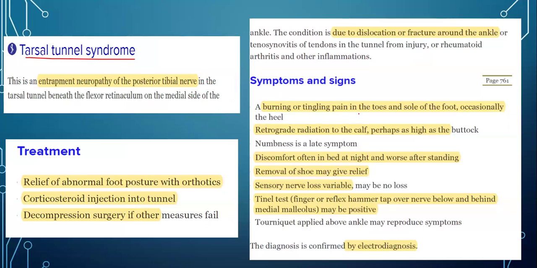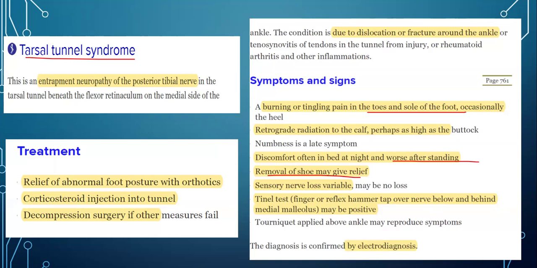So the patient will come to you with a burning, tingling pain in the toes and sole of the foot, and they mainly will have discomfort at night and worse after standing. The removal of the shoe may give relief. The posterior tibial nerve helps with plantar flexion, so plantar flexion can be impaired.